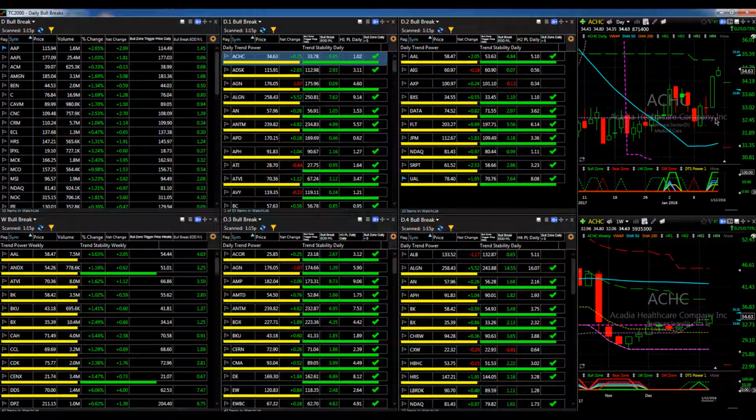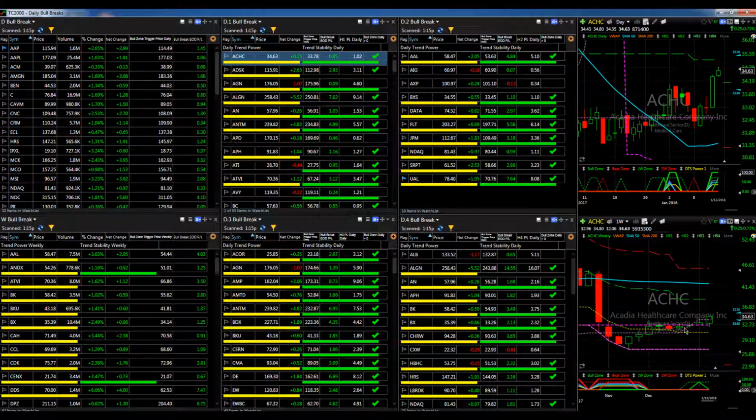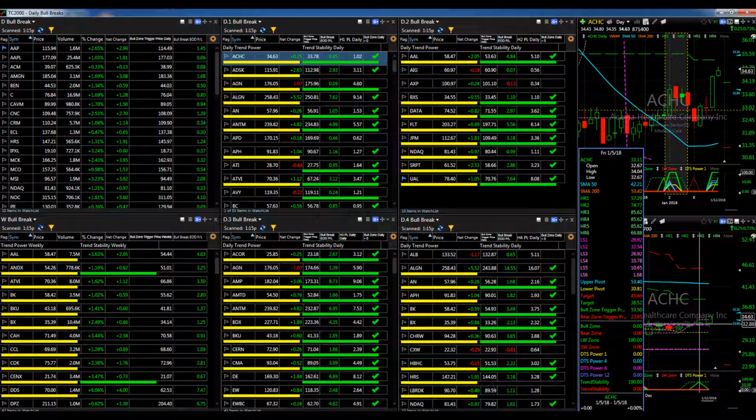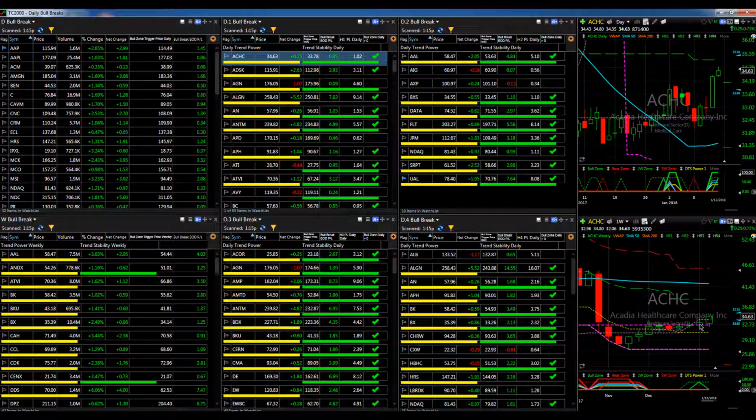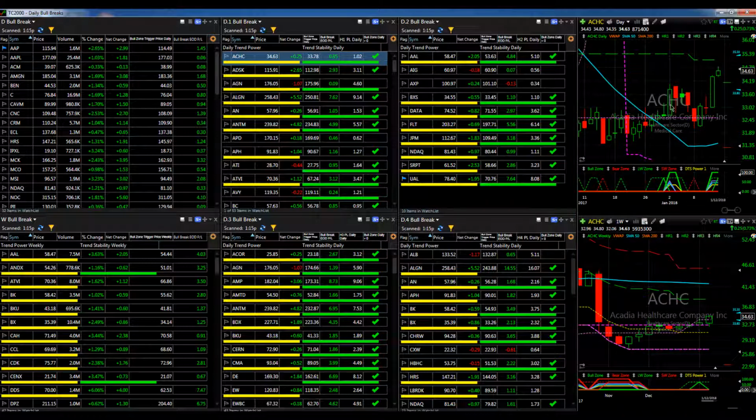On the weekly down here, this stock has chopped here for about 8 weeks, trying to get through. Finally gets up here and opens just above the line, and the entire week the low was 32.67. Our line is 32.54. So the low of this week spent there the whole time. Now Monday, I believe this was Monday.